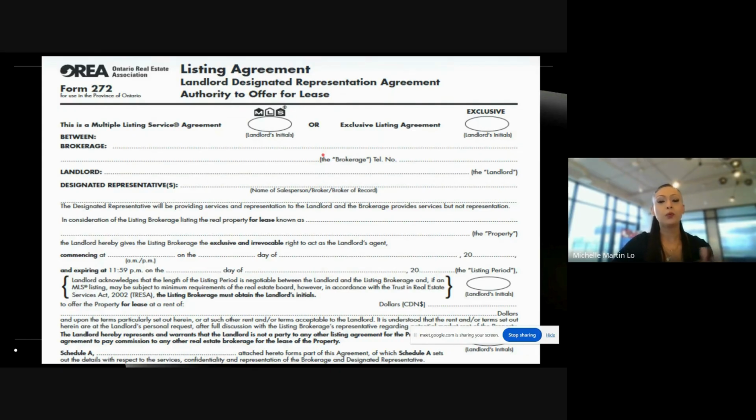When we are talking to a client, and a client is asking, I'm interested in listing my place for lease or for sale, and let's get it ready for next month, let's get it ready for December 1st, so let's say. Now you're like, okay, we're talking. I am going to start filling up the agreement because I want to have this relationship going on. Where would I be having my client initial? Would it be on MLS or will it be an exclusive?